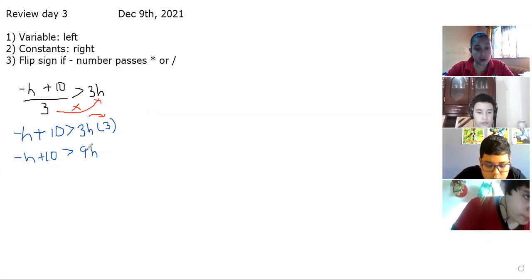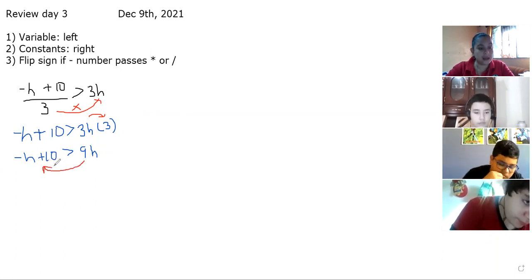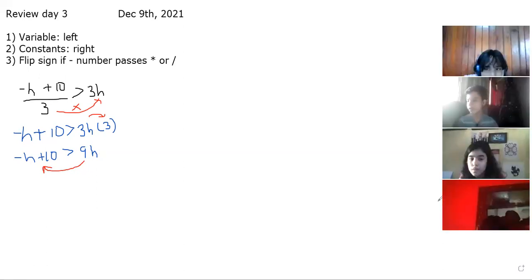And this is the term with... You need to pass the variable to the left. Exactly. We start to use our rule. So we're going to pass this variable to the left. How does the 9h go to the left? How should it go to the left? Why is it subtracting? Dividing.